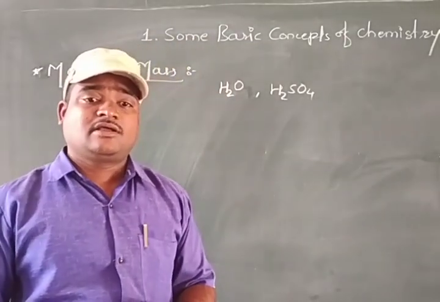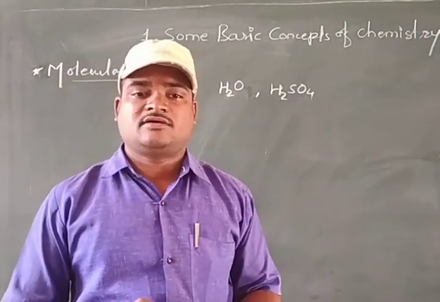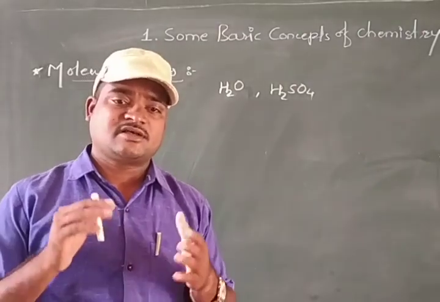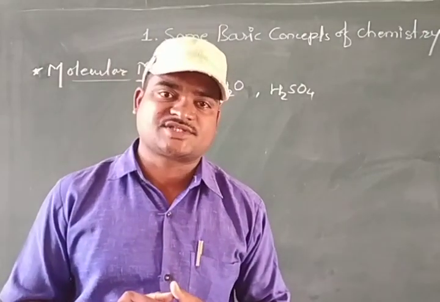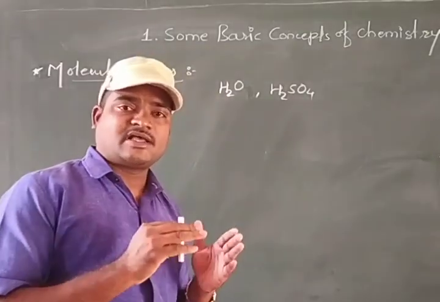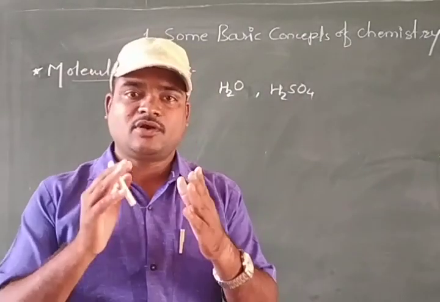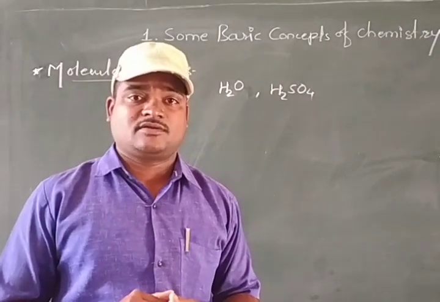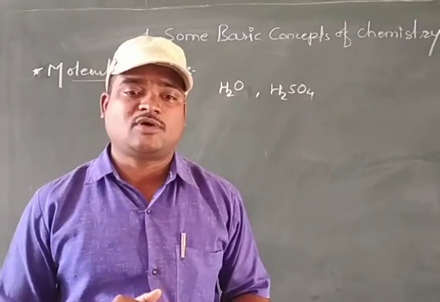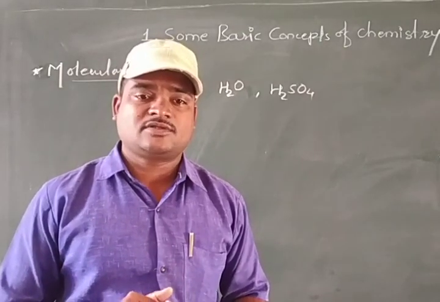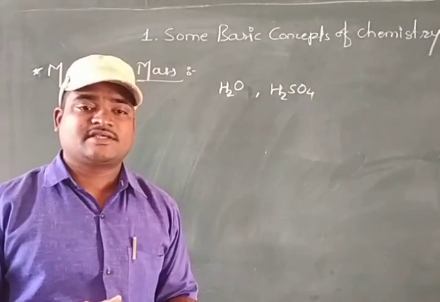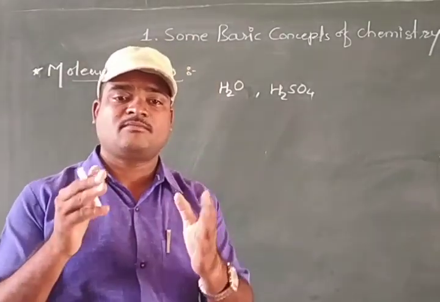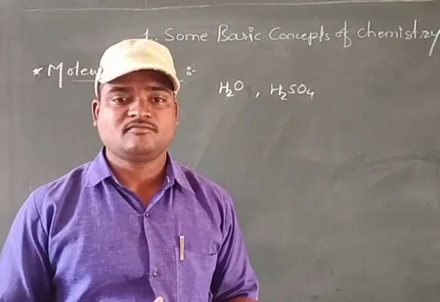So students, as in our definition, molecular mass is nothing but the sum of average atomic masses of the atoms, and those atomic masses we can get from the periodic table. These things are very important for the calculation of molecular masses. The molecular mass of a substance is the mass of one molecule of that substance relative to the mass of one carbon-12 atom.